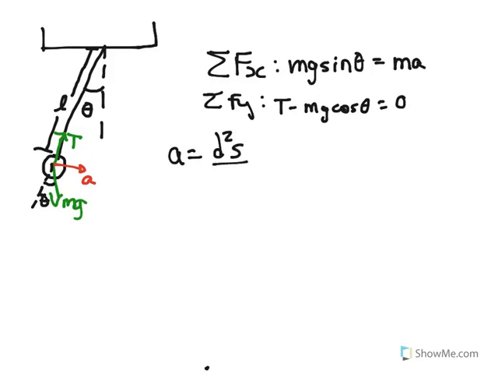Okay, now the acceleration is going to be equal to the second derivative of the arc with respect to time. This is describing an arc, for instance, this arc. This is the arc.